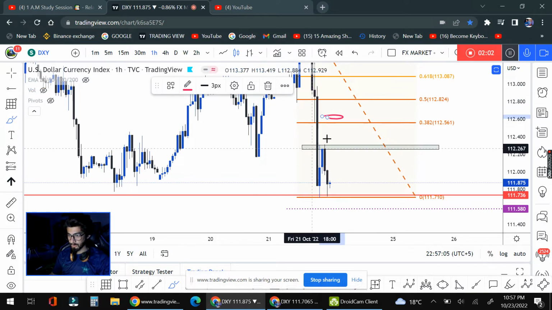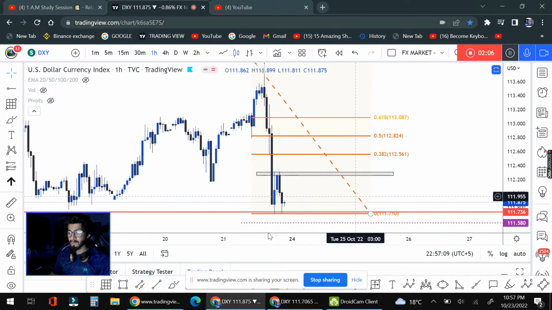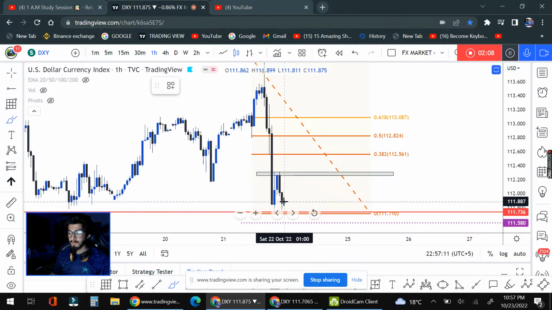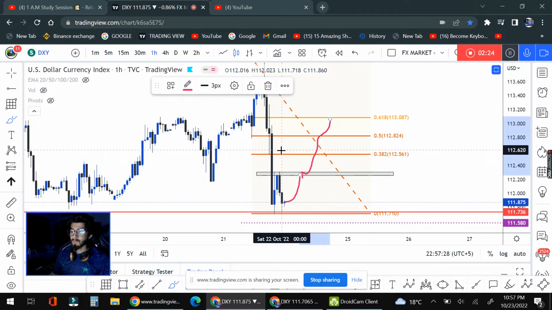And if I close this moving average, we have these Fibonacci levels. So we are expecting that price comes to test this area, and if price breaks this area, the next level is around 112.654, where the 200 moving average is, and the next area is this Fibonacci and this area. So these are the resistances for the dollar index.